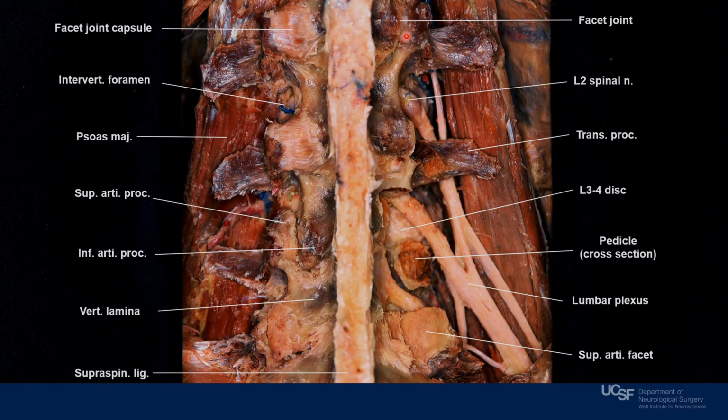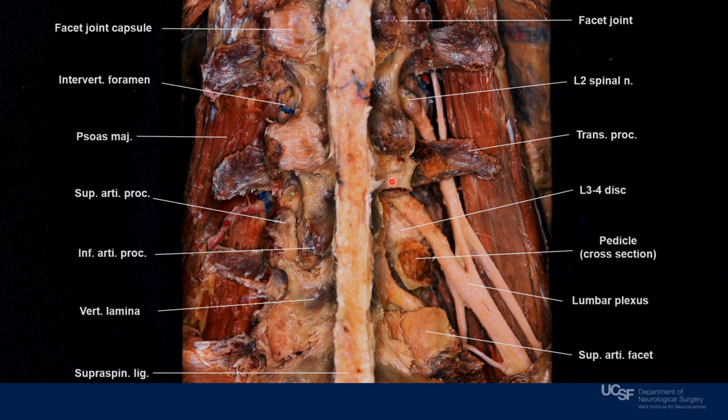After removing the capsule, we see an exposure of the nerve root after removing the lamina, transverse process, and the facet joints. We see the posterior portion of the pedicle, and we see how the nerve root runs in an oblique fashion.